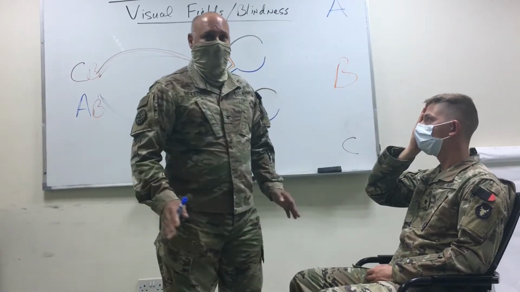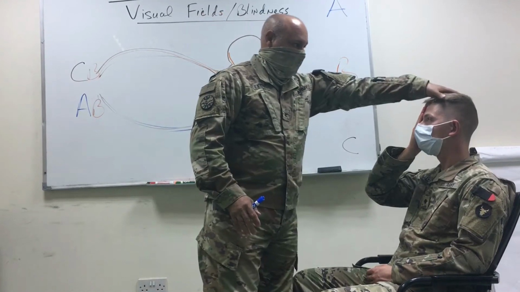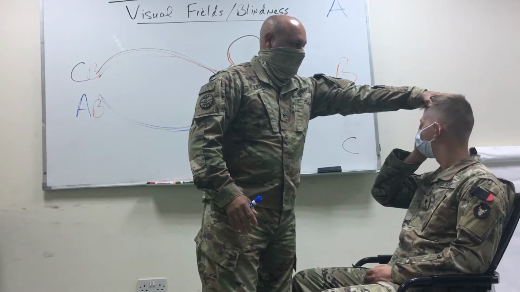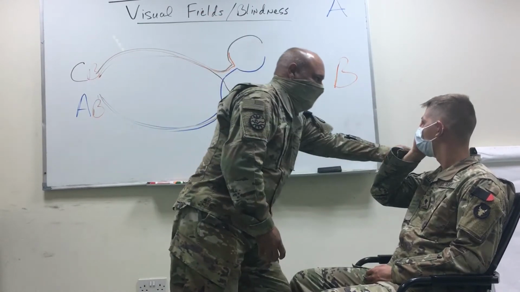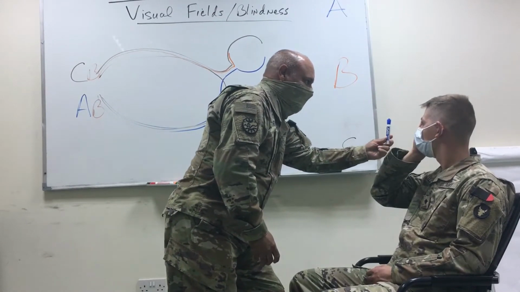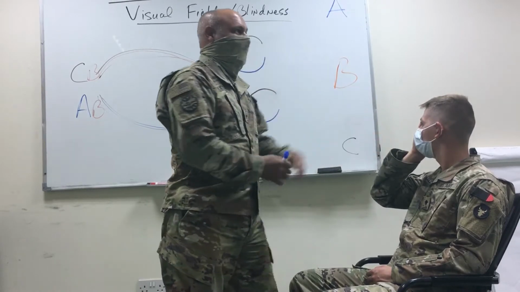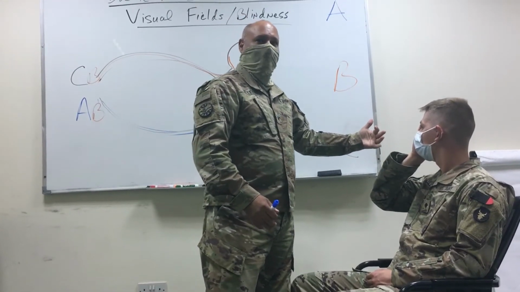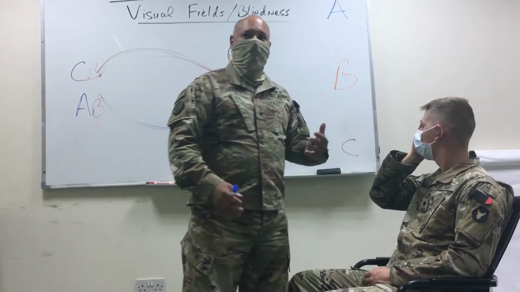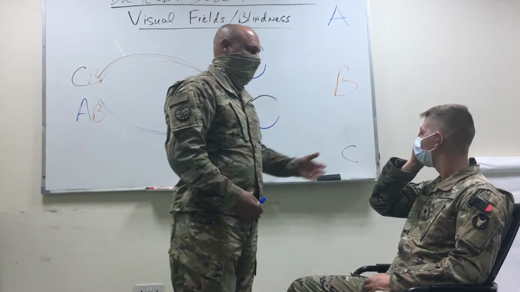So I'll move his nose out of the way. Now look at me. Now tell me when you can see it. No. So now I know that eyeball can see this area. All right? But I had to move his nose out of the way by turning his head.